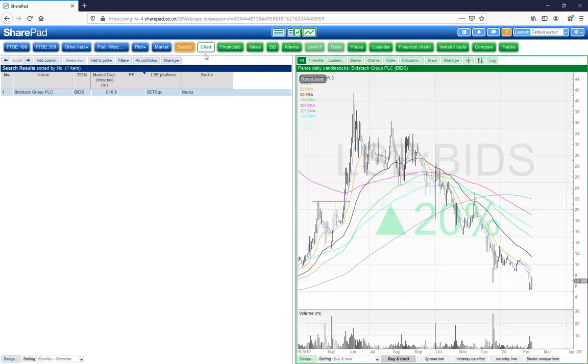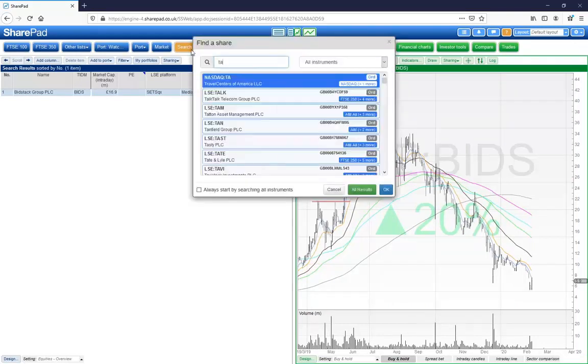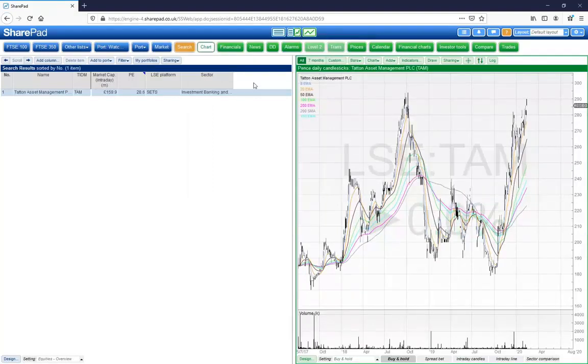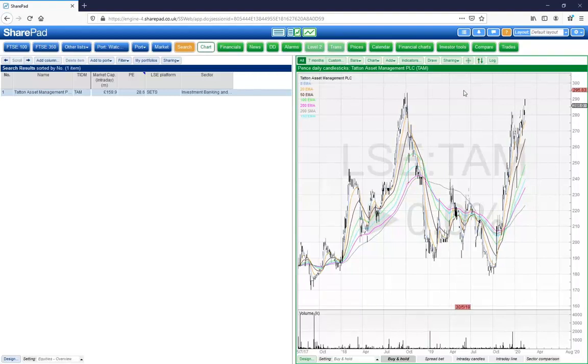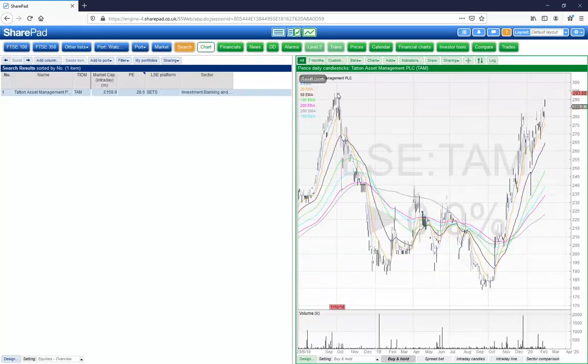Tatton Asset Management. So that's investment banking. If we scroll, this looks like a nice uptrend. It is SETS traded.